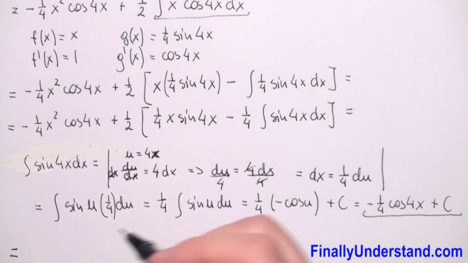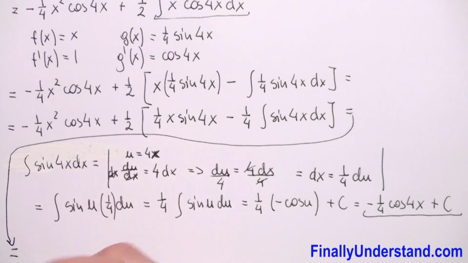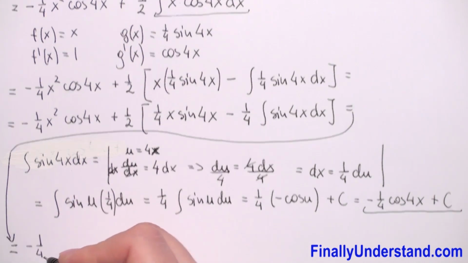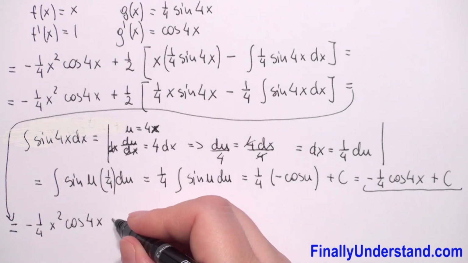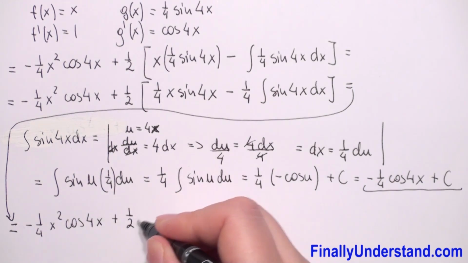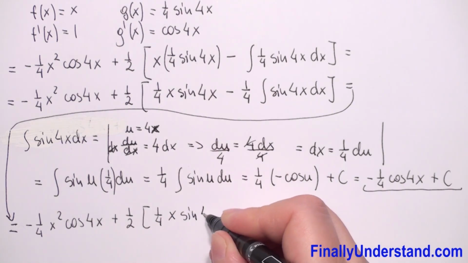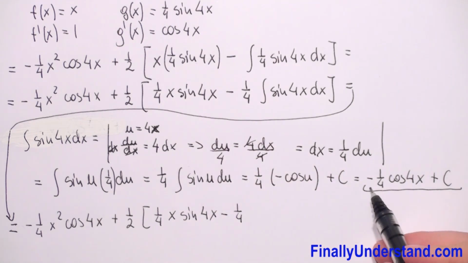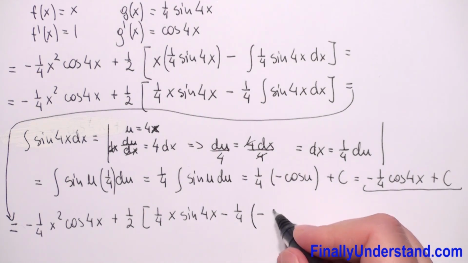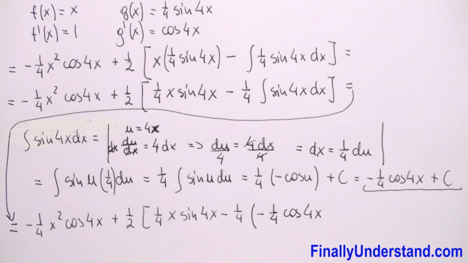So this is equal negative 1 over 4 x squared cosine of 4x plus we have 1 over 2 times 1 over 4 in brackets x sine 4x minus 1 over 4, and now we have to put in parentheses negative 1 over 4 cosine of 4x plus c.